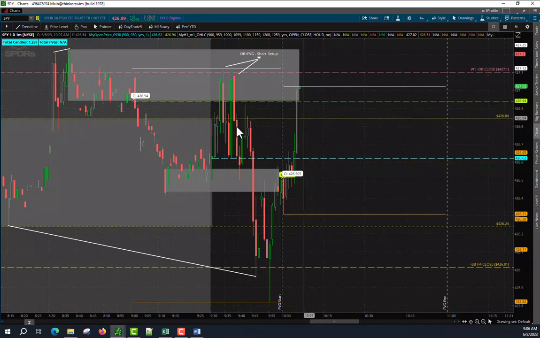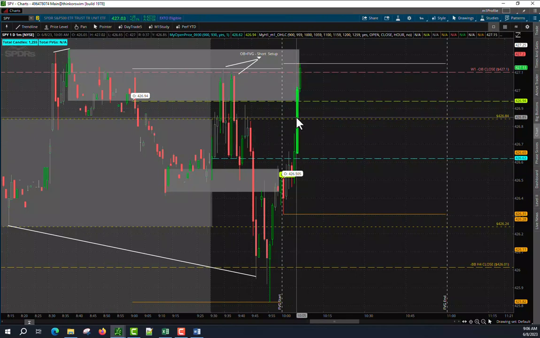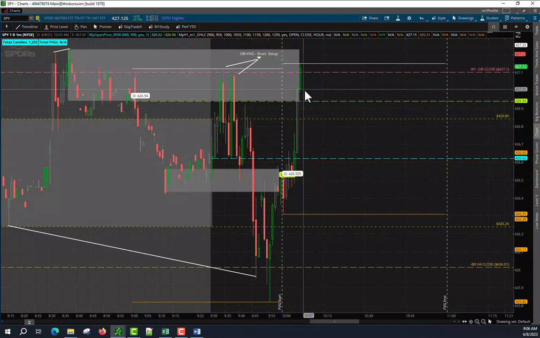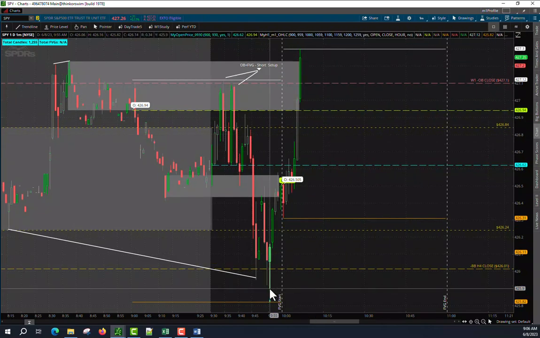You see, as long as it's above this support level, then we have reason to believe that it's a good bullish. So this one will be the low of the day for today, Thursday.